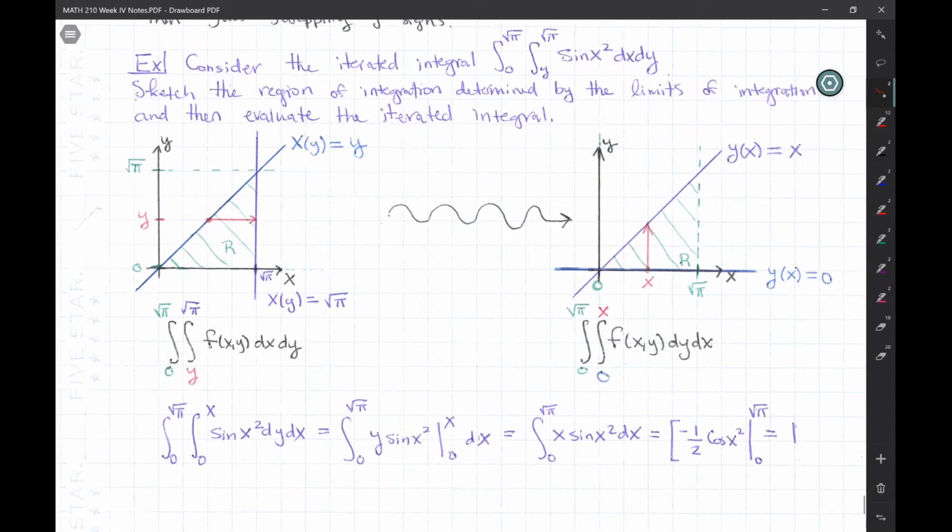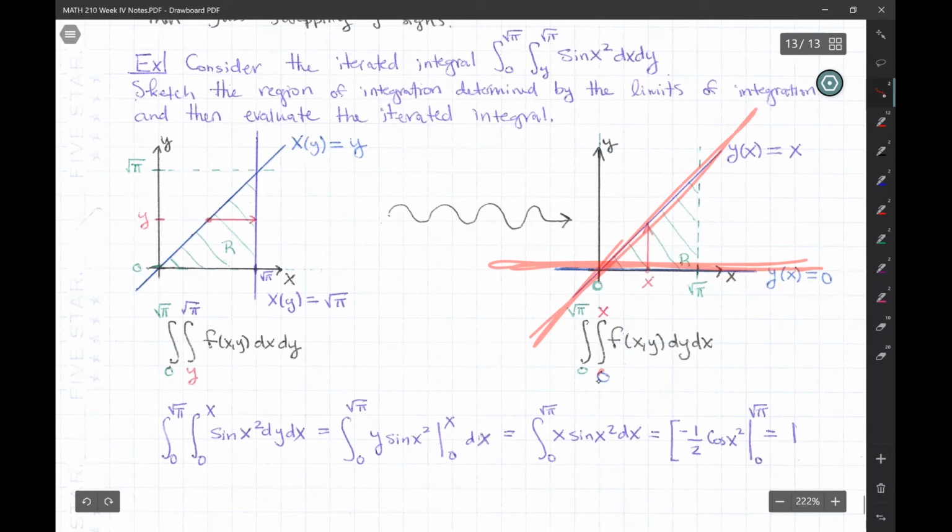So instead of fixing y first, let's try to fix x first. Okay? So we're going to fix x first. That's going to be our second integration. So what we fix first is going to be our second integration. And we're going to integrate y. We're going to integrate y from the function y equals 0 down there to the function y equals x up here.